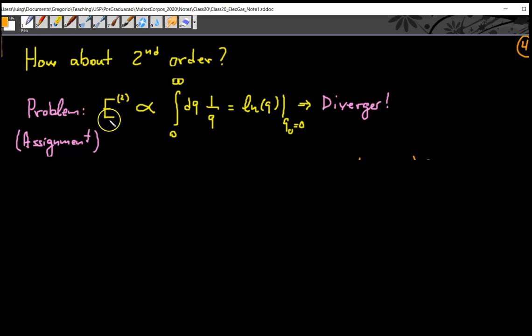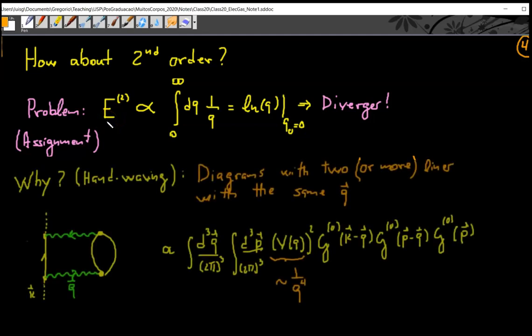Let me try to give a hand-waving argument of why that happens. The hand-waving comes in the sense that I'm not going to go over the entire calculation, but I'll give you just a flavor of why this happens.